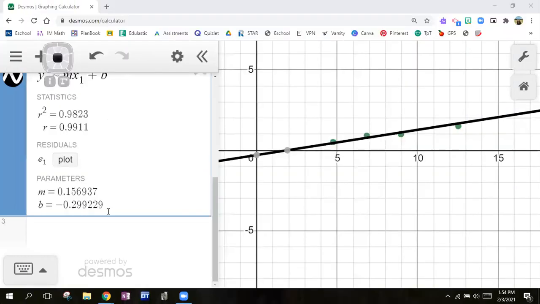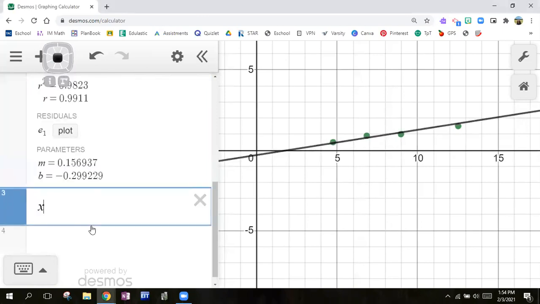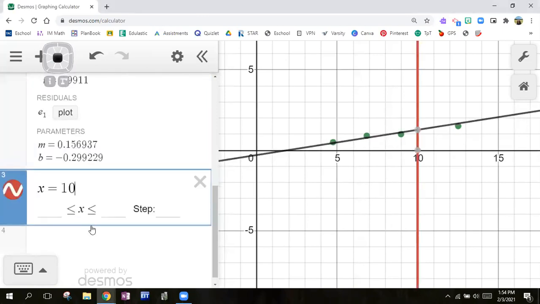You can just go down here. Since we already have that equation right there, I can do X equals 10.50. And that creates this vertical line here. And I just see where it intersects my line of best fit.